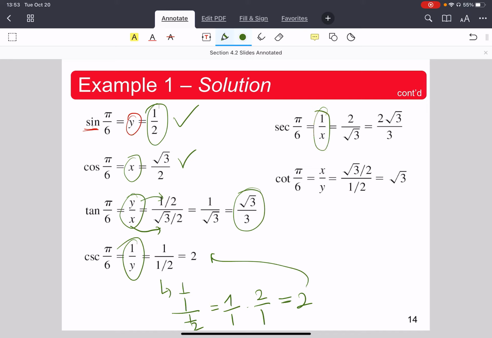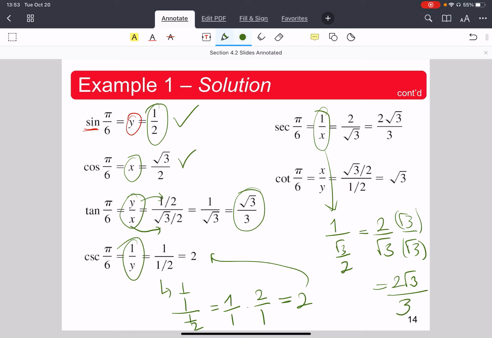Because x is square root of 3 over 2, what they did is 1 over square root of 3 over 2. So then flip and multiply, you get 2 over square root of 3. And because we don't want radicals at the bottom, we multiply by square root of 3 over square root of 3, the same on the bottom, to get rid of the radical in the denominator. So you get 2 square root of 3 divided by 3. And that's what we get right over here.